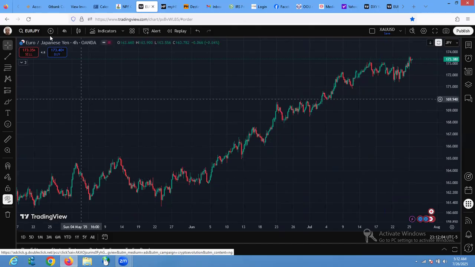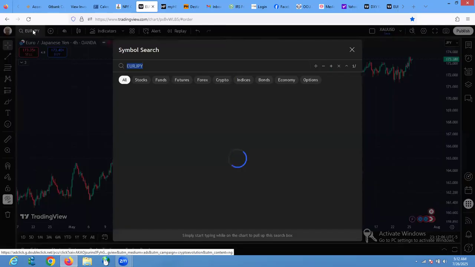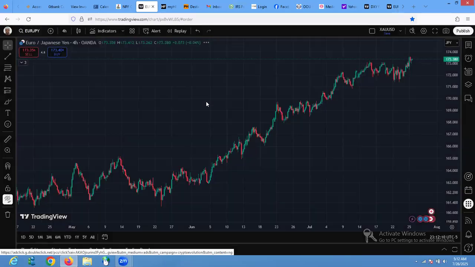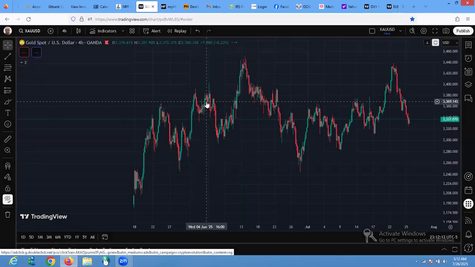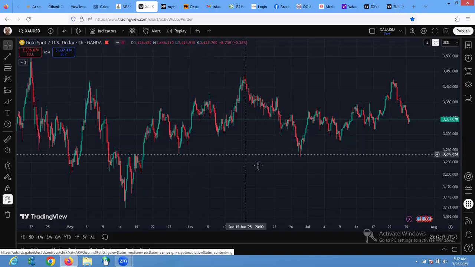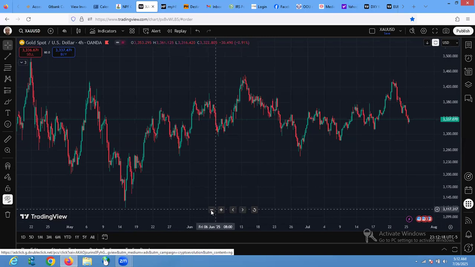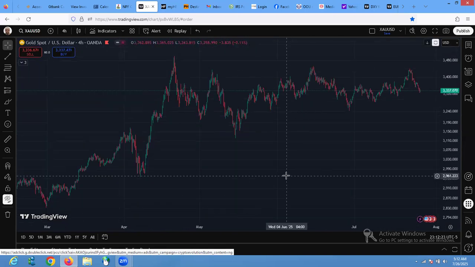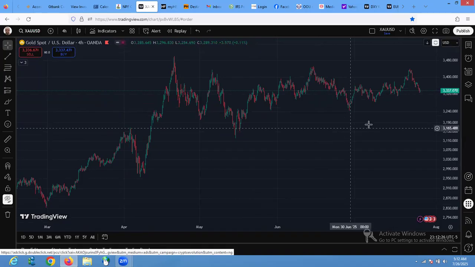So the last one is gold. Like we said, gold is in a triangle, trying to form a triangle. I think the triangle pattern is almost completed now.